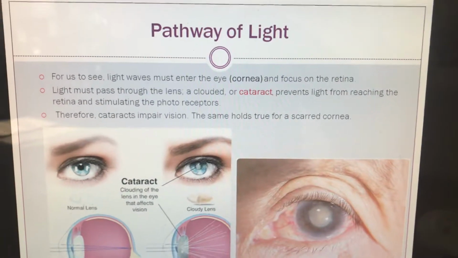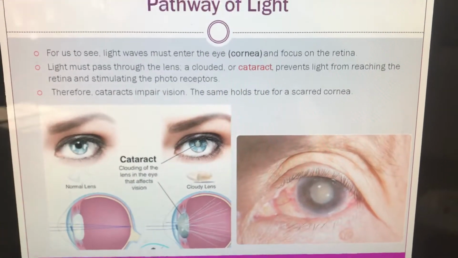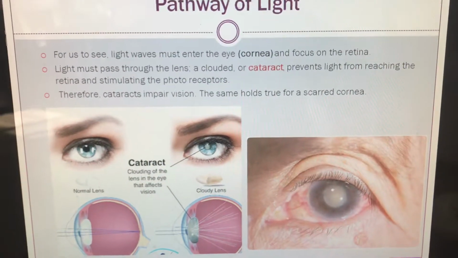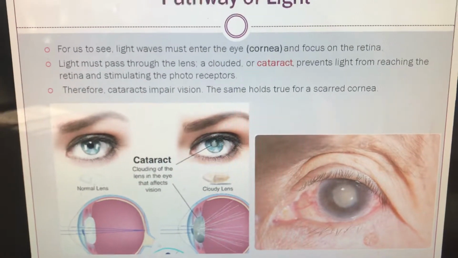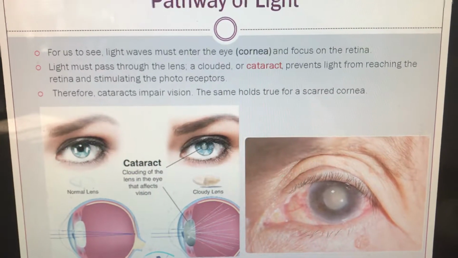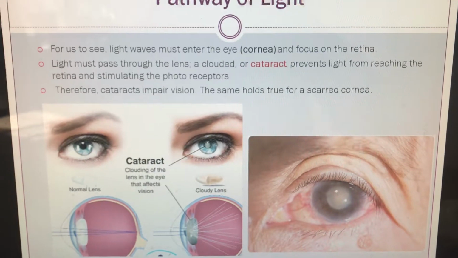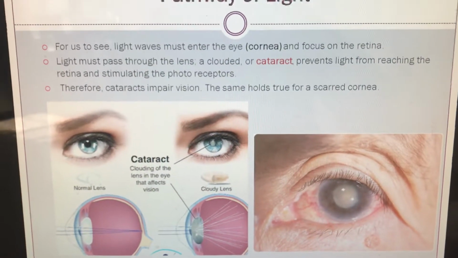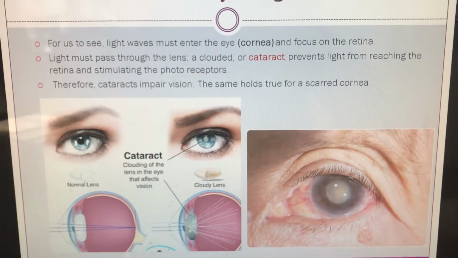Pathway of light. So for us to see, light waves must enter the eye through the cornea and focus on the retina. Light must pass through the lens. So a clouded lens or cataract prevents light from reaching the retina and stimulating the photoreceptors. So therefore, the cataracts impair vision.